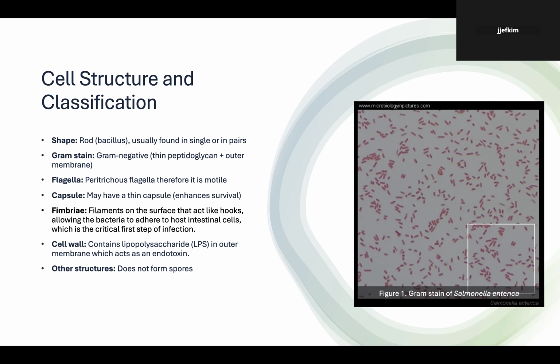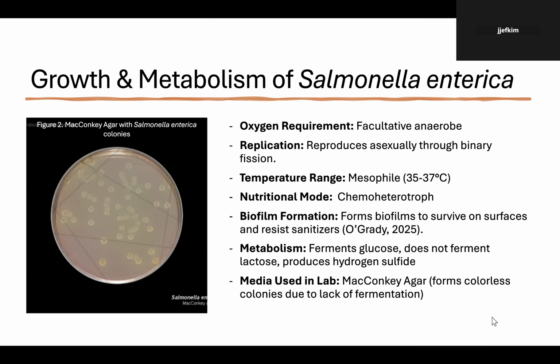Salmonella enterica is a facultative anaerobe, meaning it can grow in both the presence and absence of oxygen. This gives it flexibility to survive in a range of environments, including the human gut and contaminated food. It reproduces asexually through binary fission.